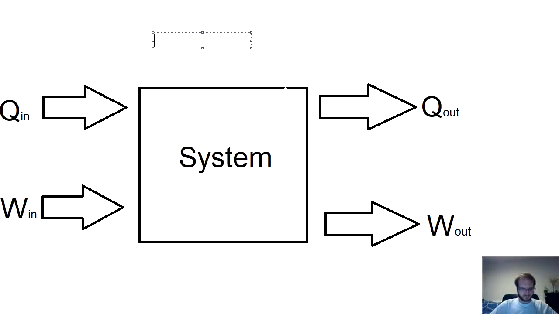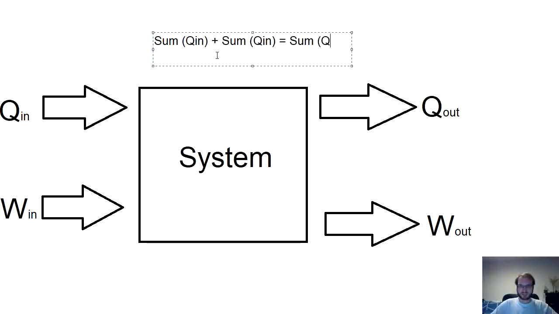that sum Q in plus the sum of the work going into the system is the sum of the heat exiting the system plus the sum of the work exiting the system.